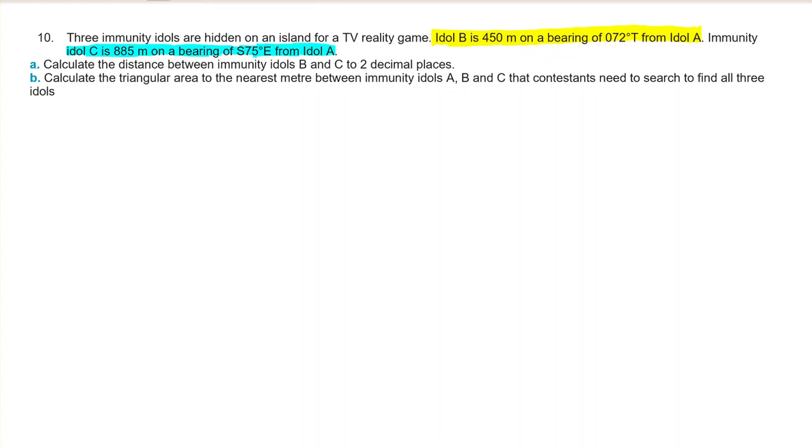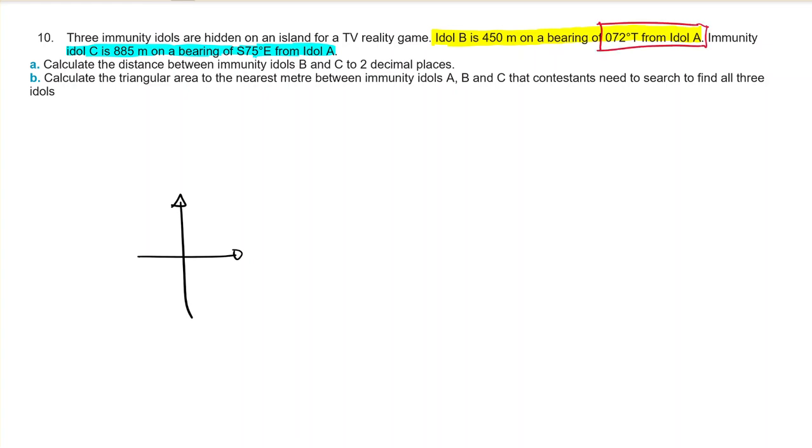Okay, so what I'll do first is I'll put this one maybe right here in the center. I want to know 72 degrees true north from idol A. So let's start there. I always look at this part first.